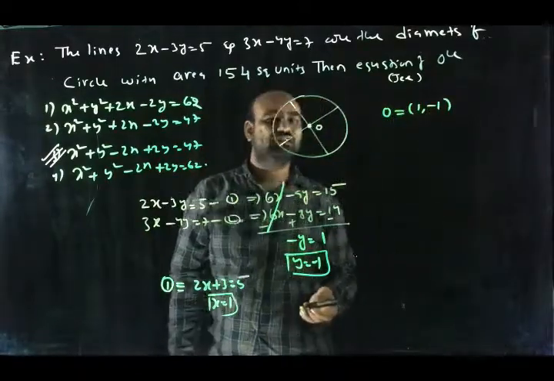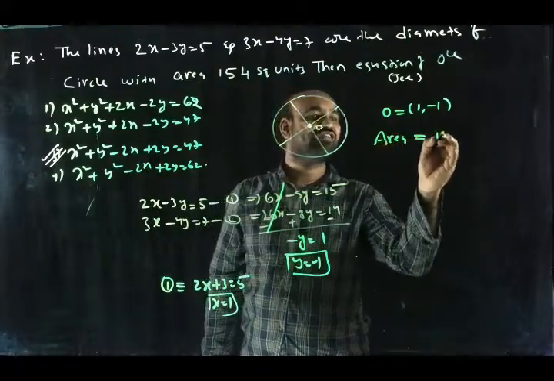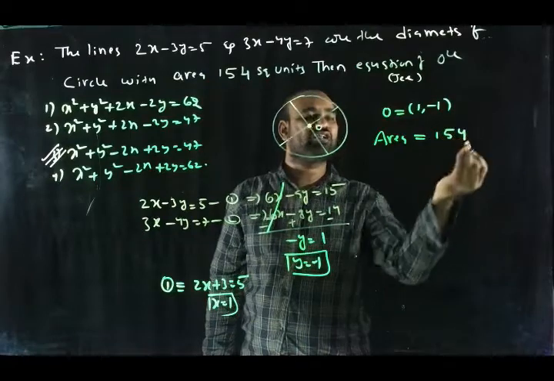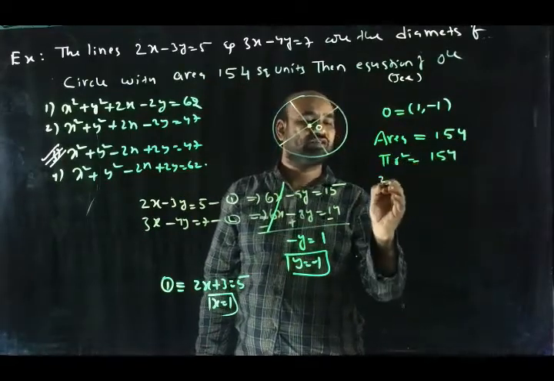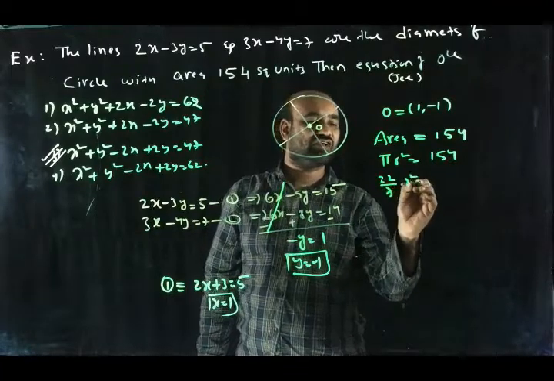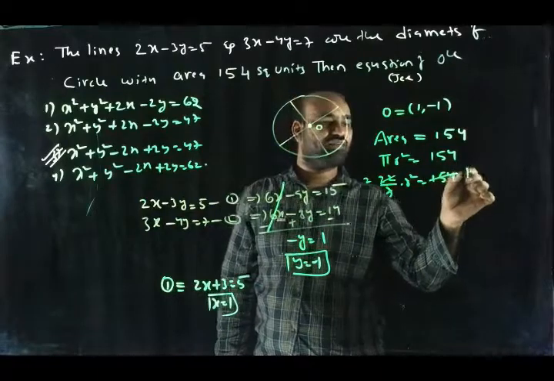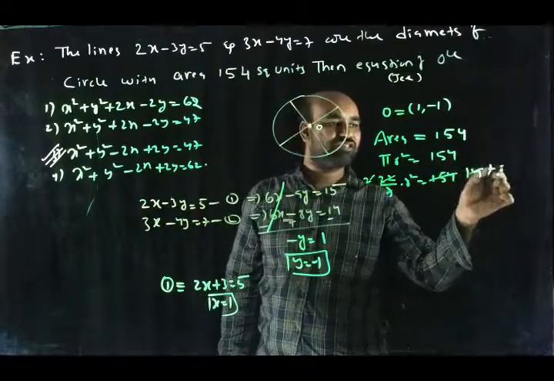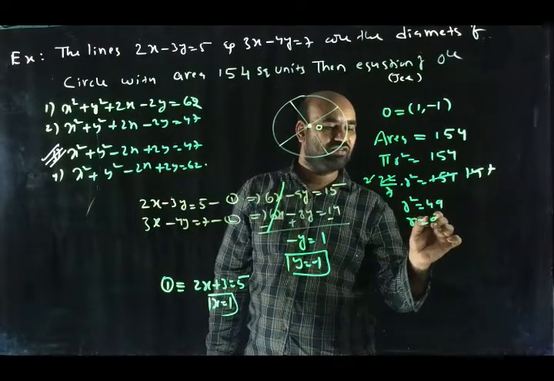Now we want its radius. Area is given as 154 square units. Pi r square is 154. 22 by 7 into r square equal to 154. 11 2s are 22, 14 2s are 28, 7 sevens are 49. r square equal to 49, r equal to 7.